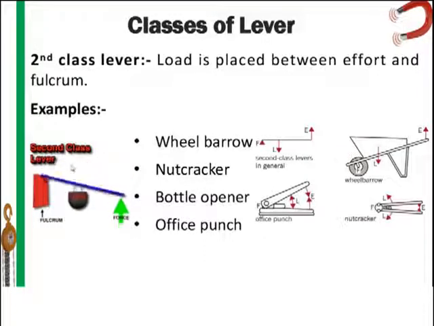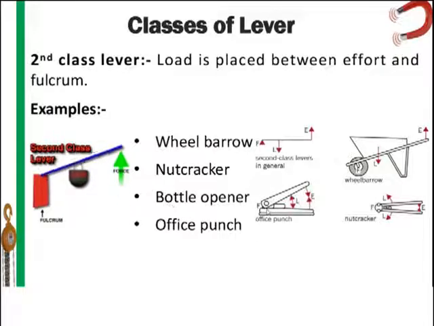Examples of second-class levers include wheelbarrows, nutcrackers, bottle openers, and the office punch that you use to punch holes in paper. Now over here we can look at the forces involved and the position of the fulcrum for some of these.